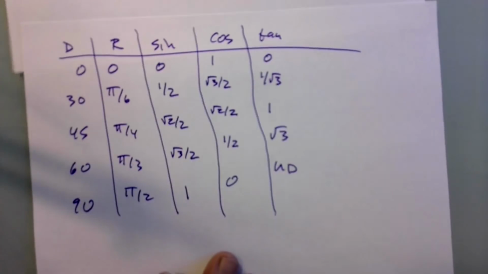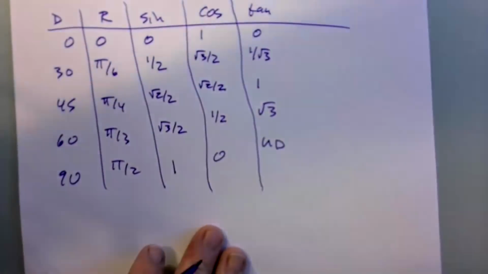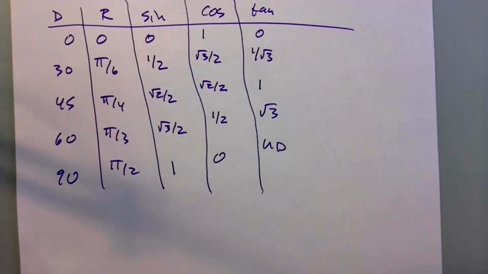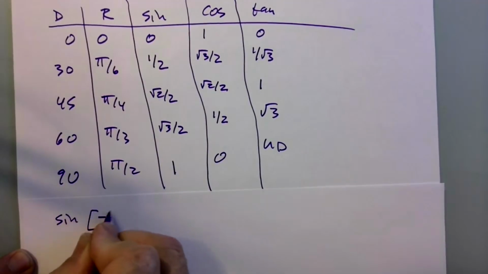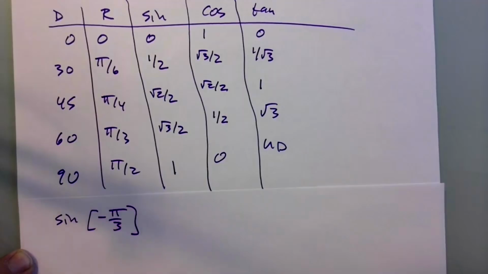So we're going to start with that table, and then we're going to do some values, keeping in mind that in the various quadrants, the signs change for our trig functions. The first question I have here is sine of negative pi over 3. So let's visualize that. Where is negative pi over 3? Negative pi over 3 is in quadrant 4.